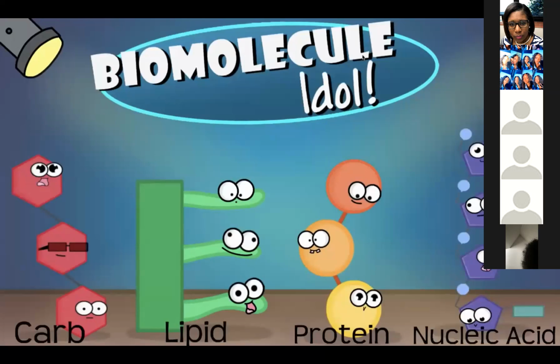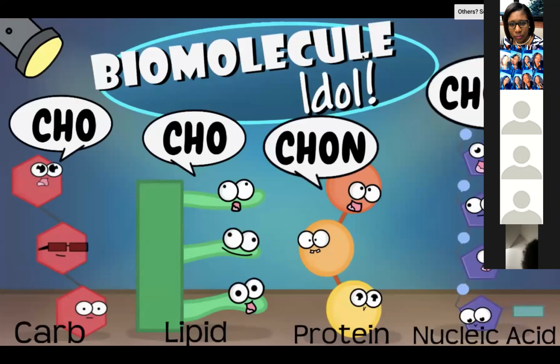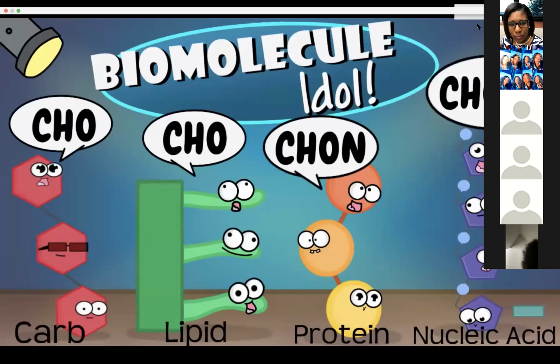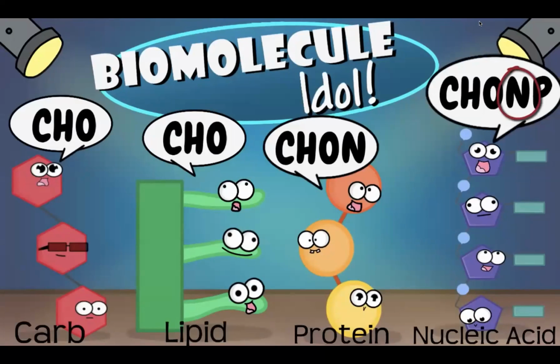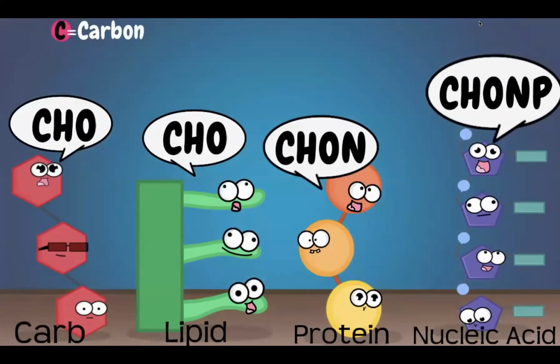Then remember this mnemonic device that goes with these 4 biomolecules: CHO, CHO, CHON, CHOMP. Instead of CHOMP at the end with an M, it's CHOMP at the end with an N. The C stands for carbon, the H stands for hydrogen, the O for oxygen.